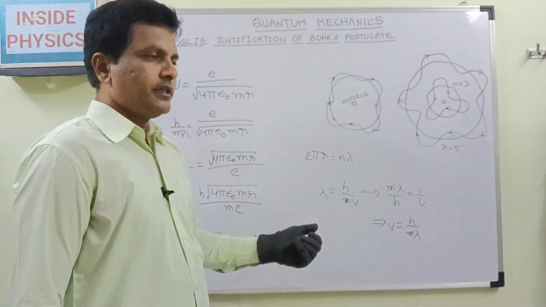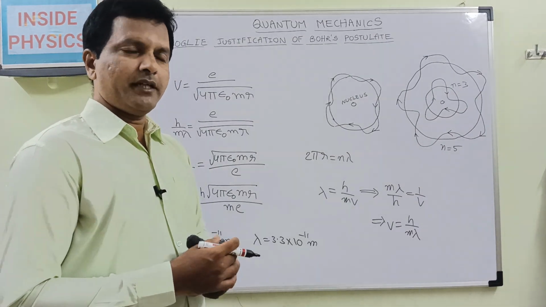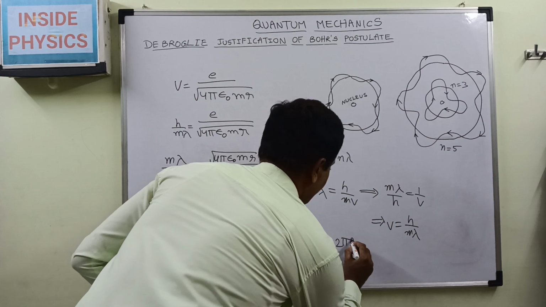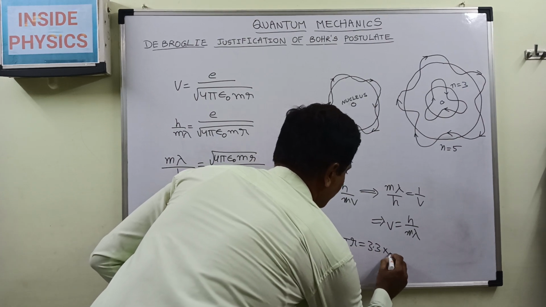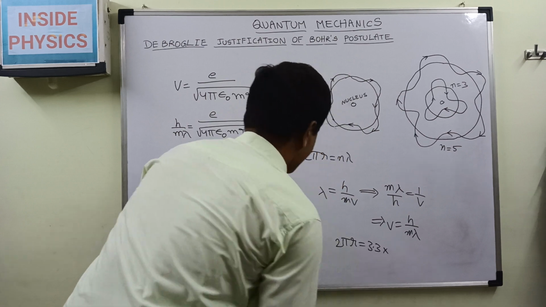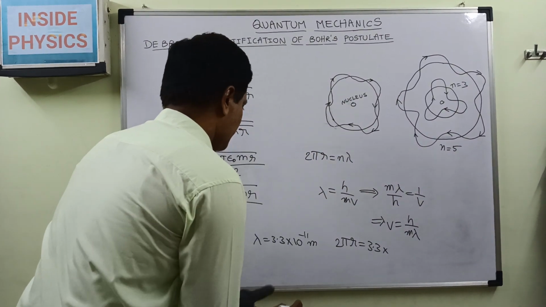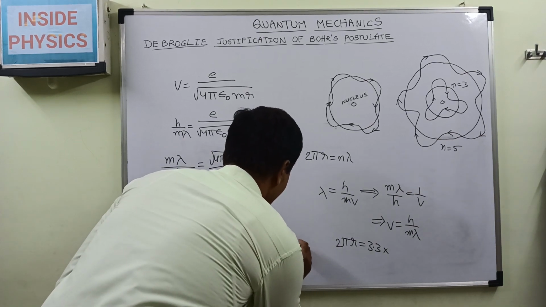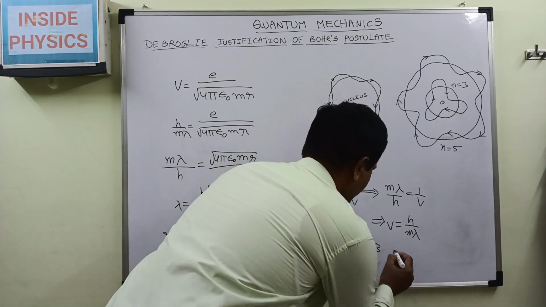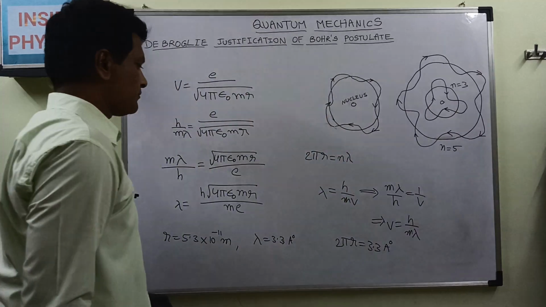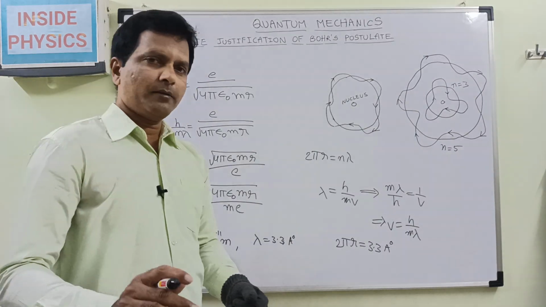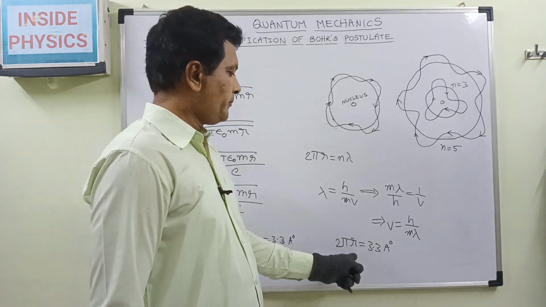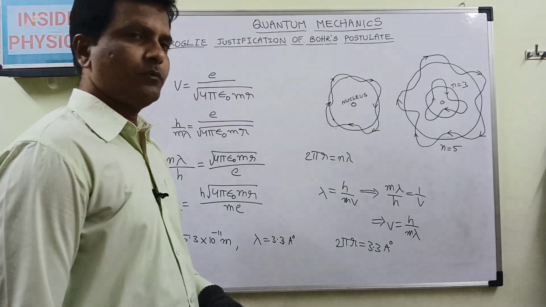The perimeter of the Bohr orbit can also be calculated in this way, and it also comes out as 3.3 angstrom units. So if we observe, the wavelength of the electron in the first orbit is equal to the circumference of the first Bohr orbit.